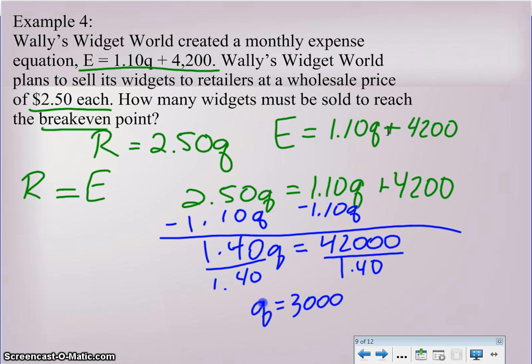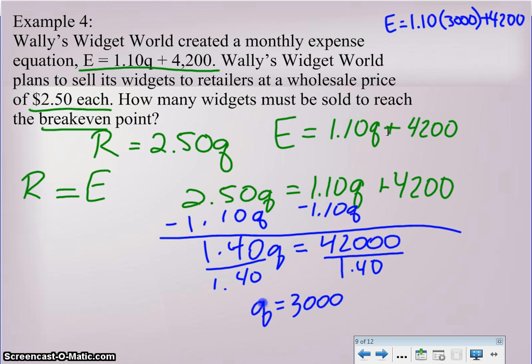So now we're going to have to go ahead and find the other side of our equation. We're going to go ahead and plug in Q. So I'm going to kind of put it up here. I'm running out of room. So the expense equals 1.10 times 3,000 plus the 4,200.